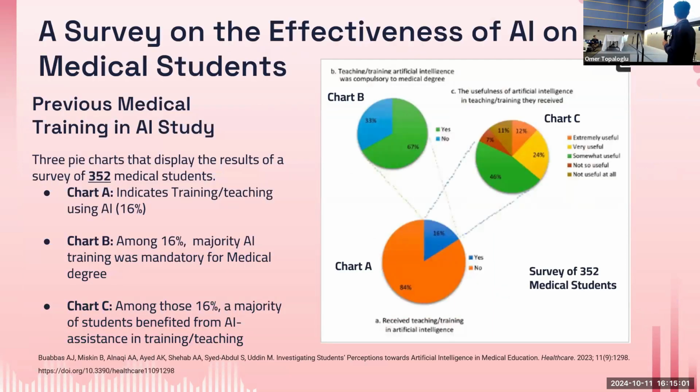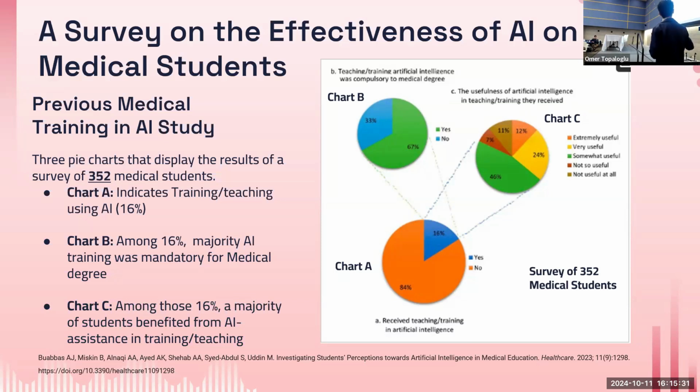And this is just another survey that has been conducted on 352 medical students, asking them if they have received training in artificial intelligence. Now, in chart A, you can see 16% replied yes. And out of those 16%, you can see in chart B, 67% had to have training in artificial intelligence to pass or gain their medical degree.